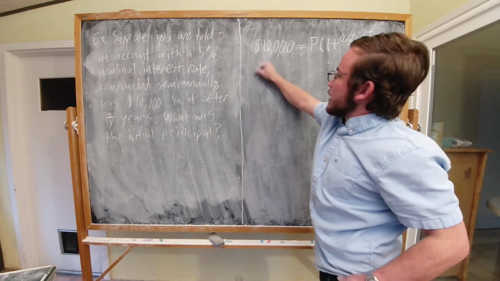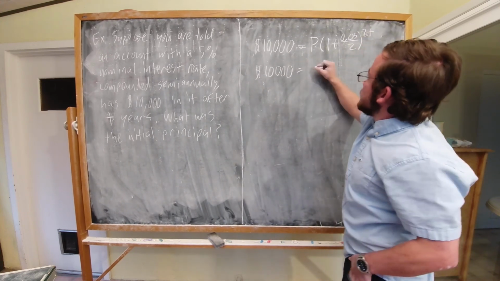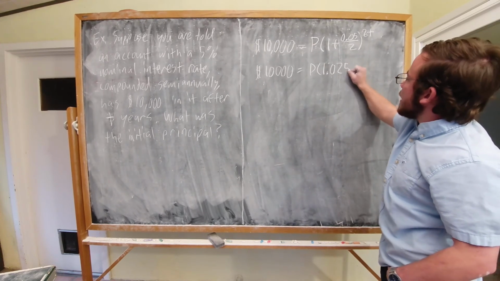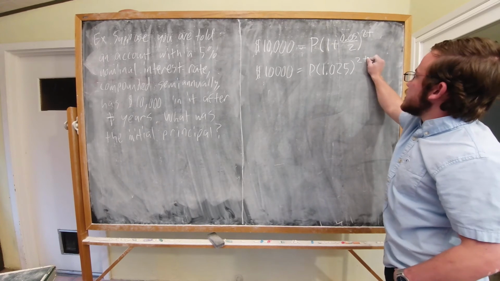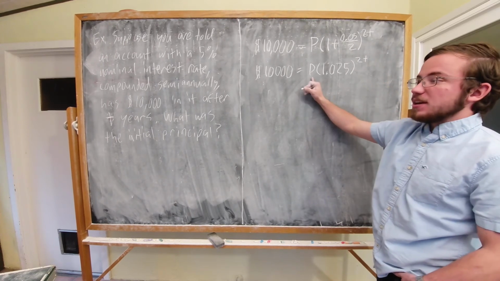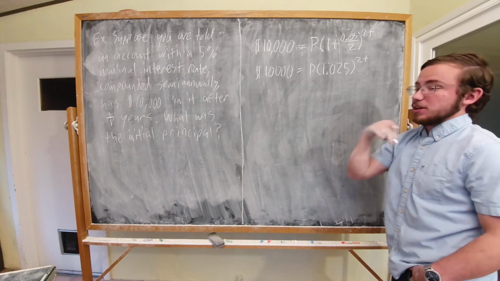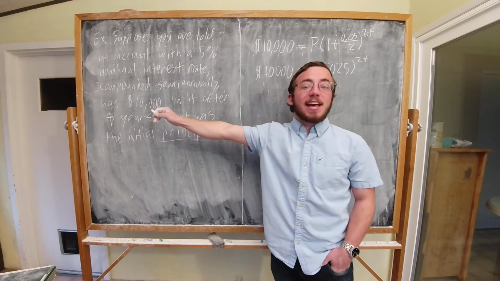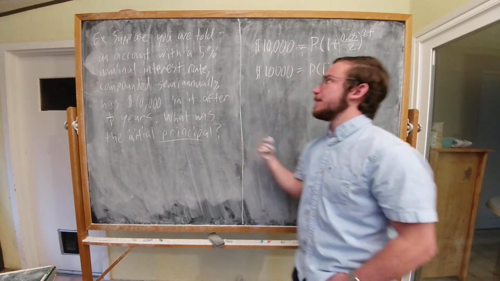Simplifying this ever so slightly, we get that $10,000 is equal to P times 1.025 to the 2t. So we're trying to find P in terms of t, because we're trying to find principal, right? And then if we knew that this was the case after 3 years, we could plug in 3 for t, and we could solve that.